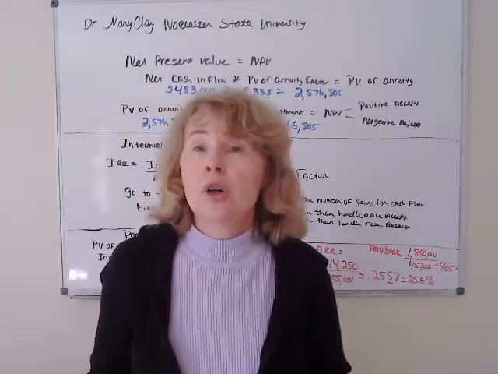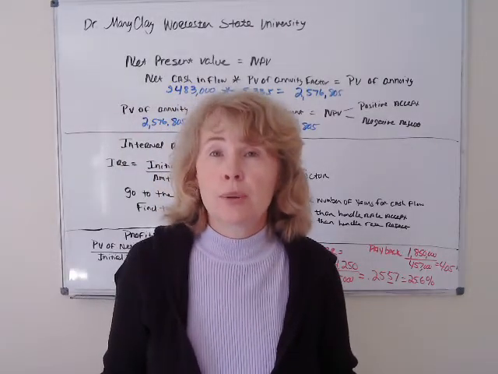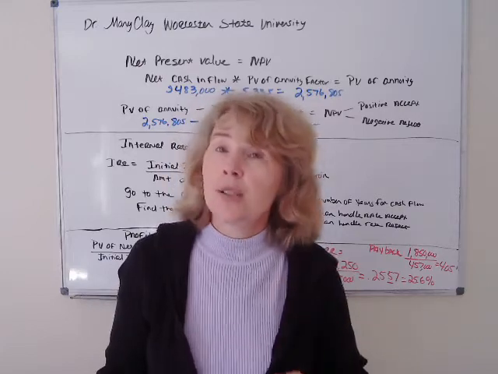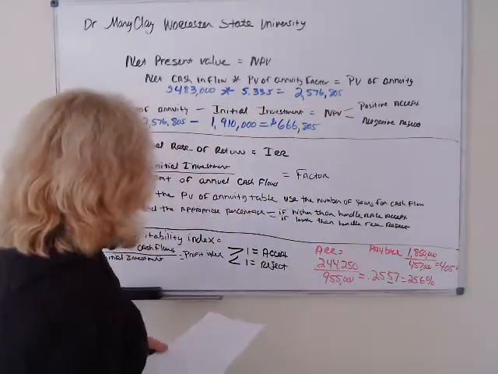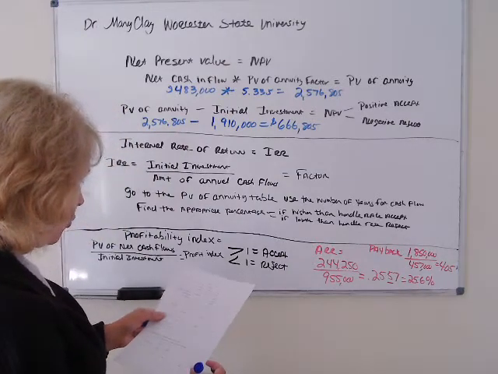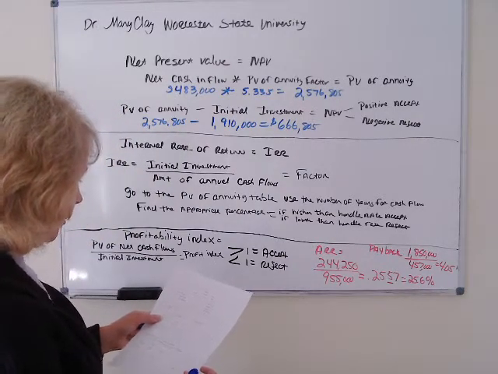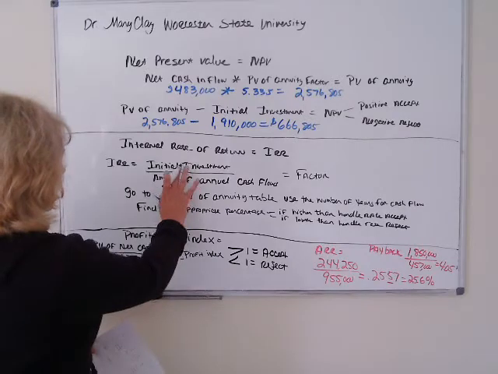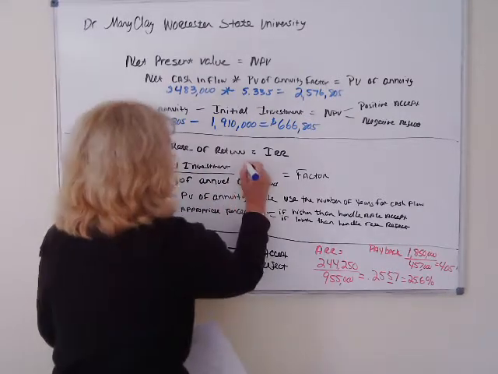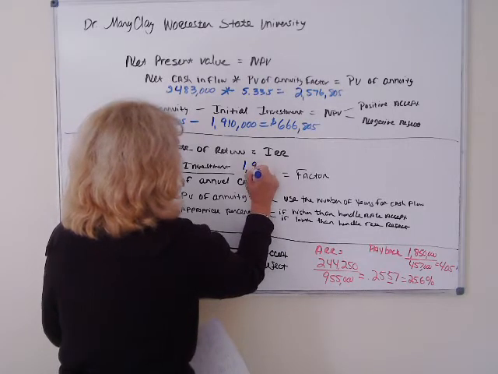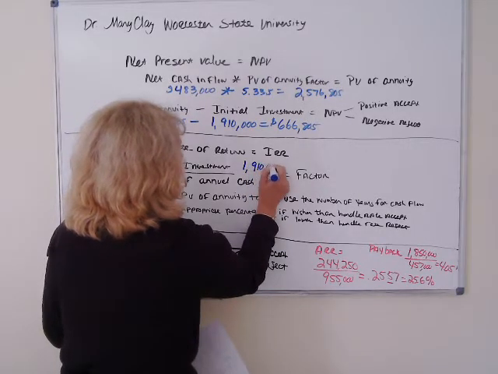Internal rate of return, we're also going to use the present value tables, but it's going to be completely different. So pay close attention. All right, so to get the factor, I am going to go over here. Here's my equation. I'm going to take the initial investment, 1,910,000.